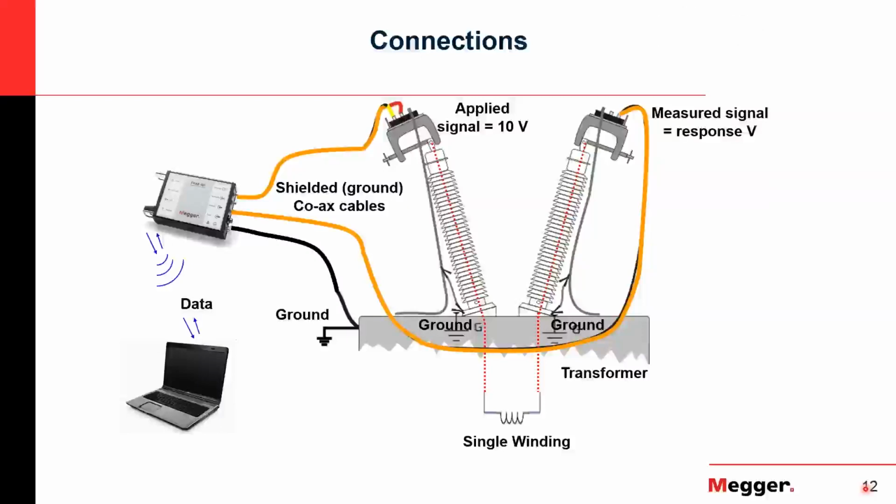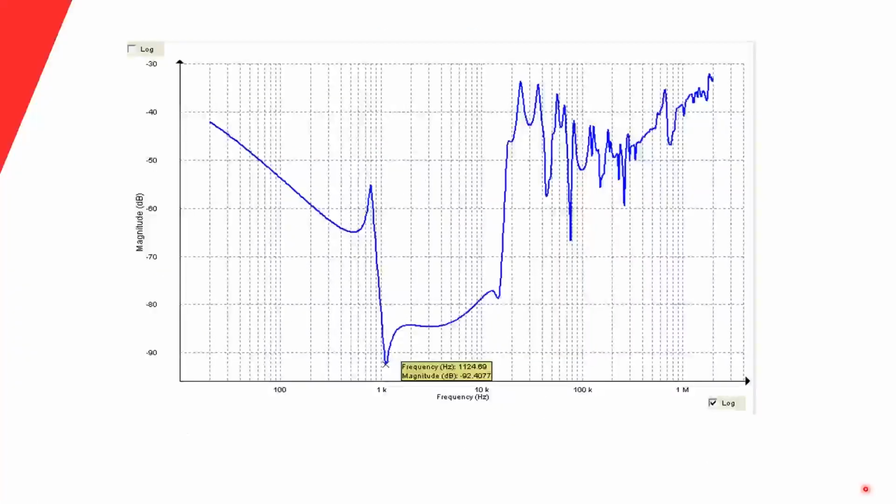It sends out an applied signal at 10 volts at multiple frequencies, and then we measure the response. And of course, we transfer this information to a computer. And then we just do this multiple times on different windings, on different parts of the transformer, in order to get an overall picture of the transformer itself.